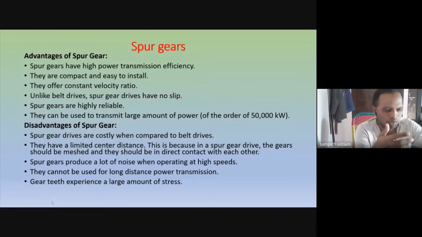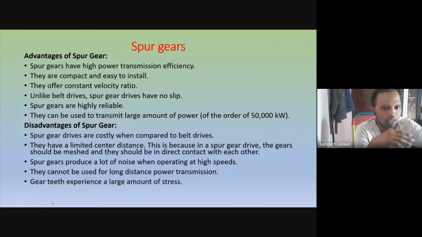As you learned just before, the velocity ratio is the angular velocity or speed of the driven gear relative to the driver, and it is constant, so there are no fluctuations in power transmission. Unlike belt drives, which have major problems with slip, spur gears have no slip.